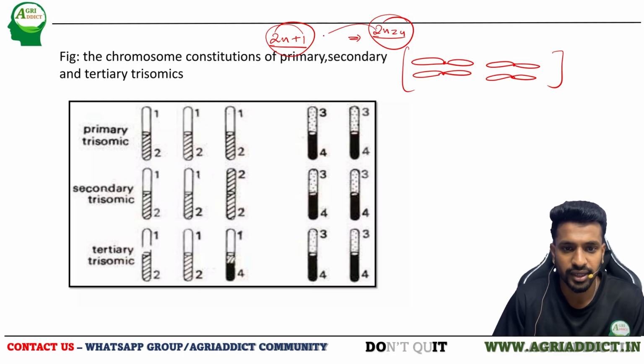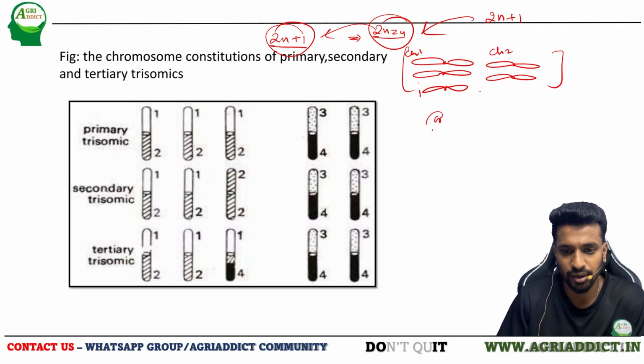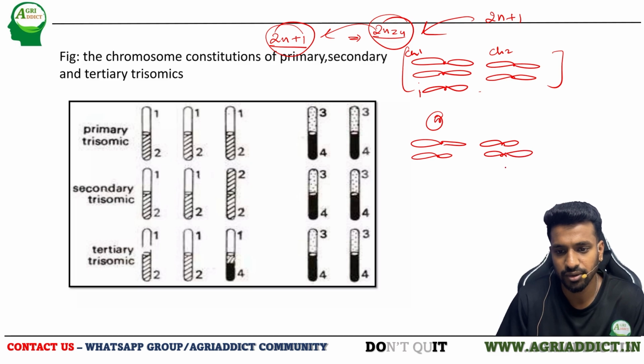According to the trisomic condition, if I write it as 2n plus 1 for these 4 chromosomes, that means if this is chromosome number 1 and this is chromosome number 2, in any one of these there will be an extra complement along with the normal complement. Either chromosome 1 can be repeated or chromosome 2 can be in 3 copies. This condition is called a trisomic condition.